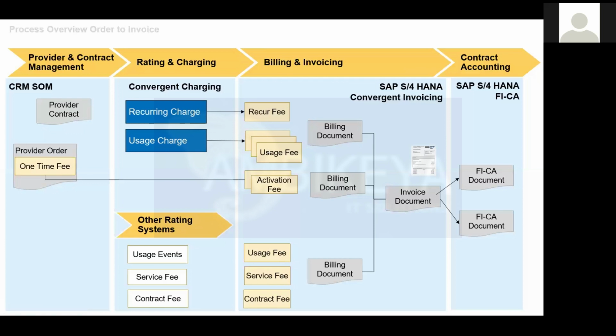With the creation of the invoice document, we as well create the FICA documents, which are relevant to create open items on the contract account balance. And the next step is then to receive payments and to do an aggregation for the general ledger. So to be honest, the general ledger is missing here.